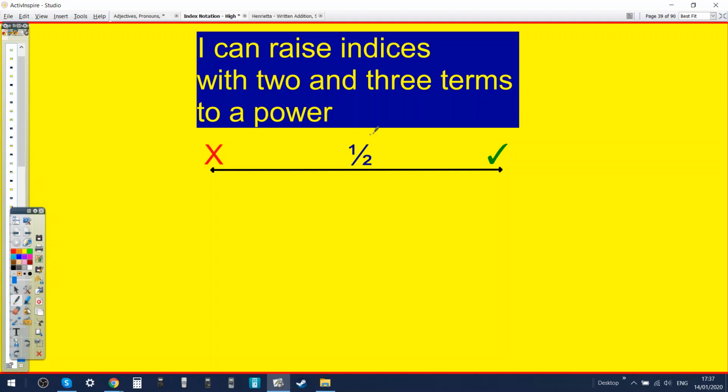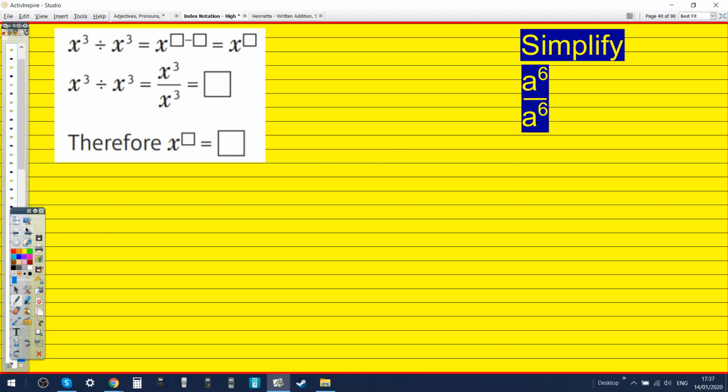Okay, simplify this one on the top right. A to the 6 over A to the 6. How do you do that one? Is it A? So it'd be A to the 6 take away 6.